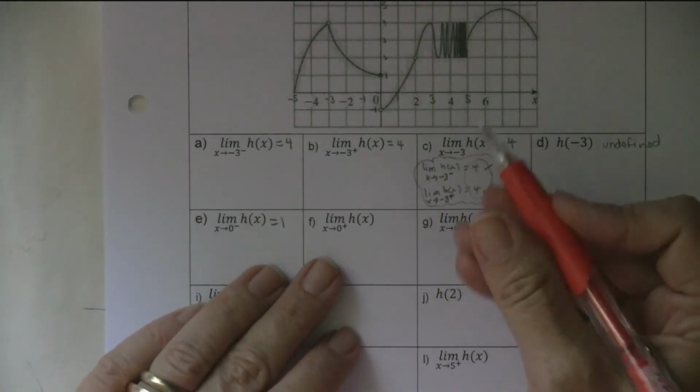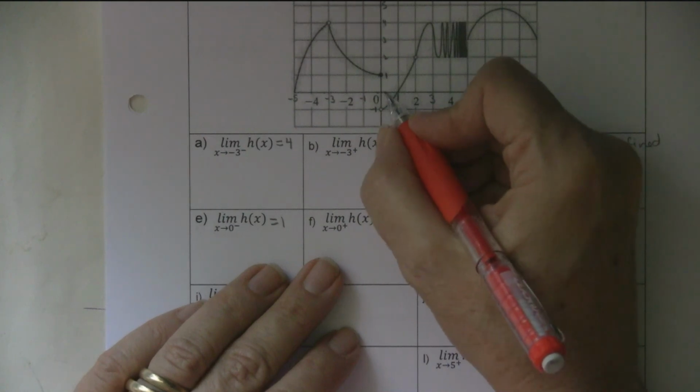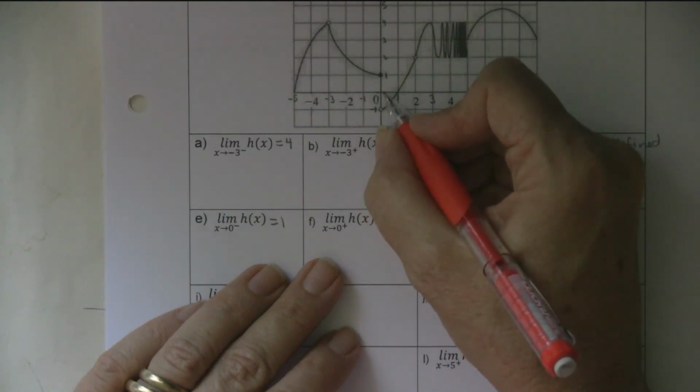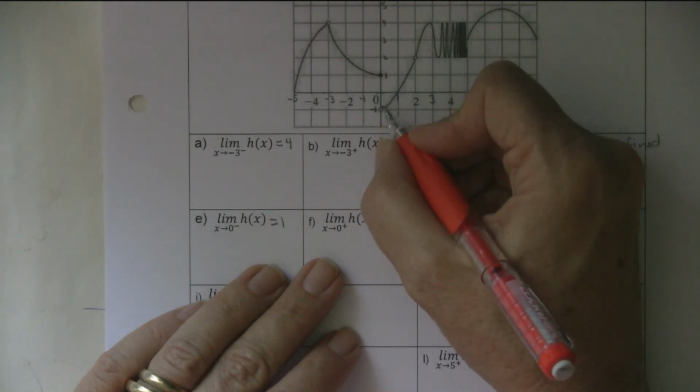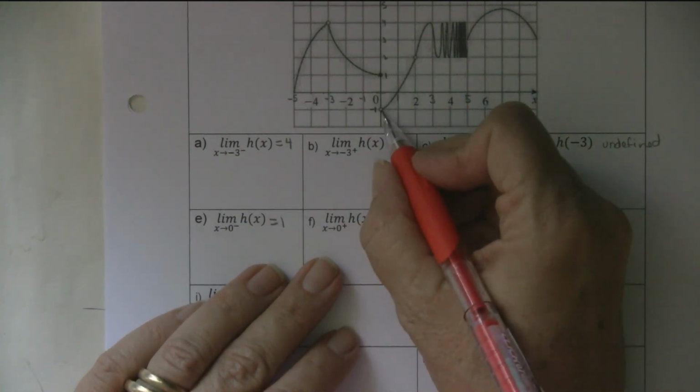And what about if you stay bigger than 0? So here I am, and my x's are going to get closer to 0, and I'm looking at what the outputs are, the ordered pair, right? So the x value is very close to 0. The y value is very close to, yeah, -1. And it doesn't matter if this had been open or closed.